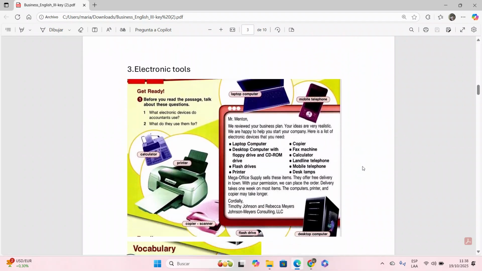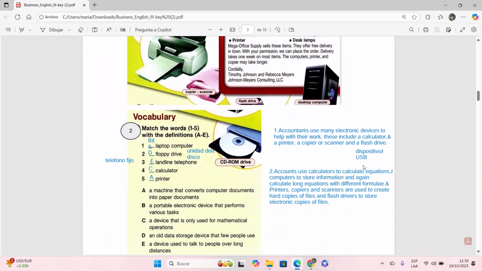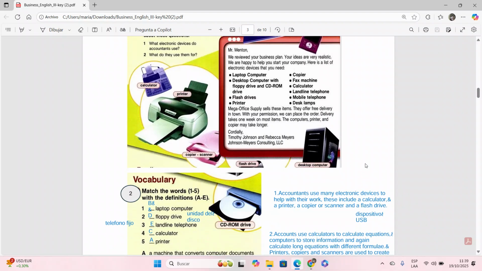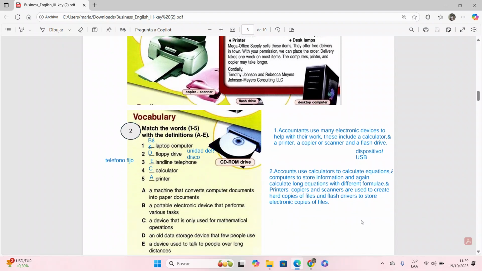3. Electronic tools. 1. Accountants use many electronic devices to help with the work. This includes a calculator, a printer, a copier or scanner, and a flash drive. 2.